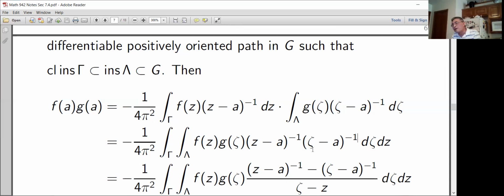First, any number commutes with any vector. So that's why z commutes with a, because z is just a number. And z minus a commutes with zeta minus a, because the only vector involved is just one vector, a. z and zeta are just numbers.